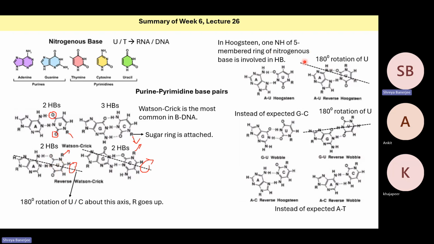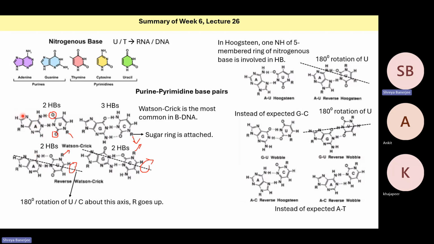There is another kind of base pairing called the Hoogsteen base pair. In the Hoogsteen base pair, one NH of the 5-membered ring is involved in the hydrogen bond. So here you can see the 5-membered ring is completely pointing away from the base pairs, both in Watson-Crick and in reverse Watson-Crick.